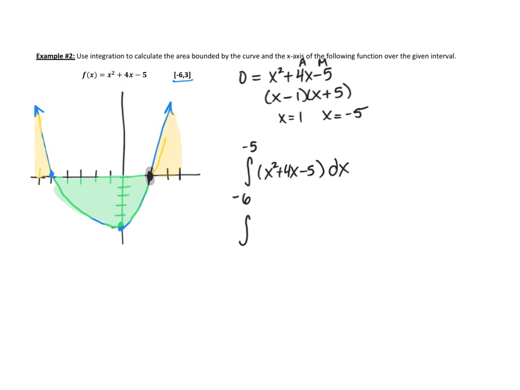So we would write that as the integral from -5 to 1 of x squared plus 4x minus 5 dx. And then the last one is from 1 to 3. So we're going to integrate from 1 to 3 of x squared plus 4x minus 5 dx.